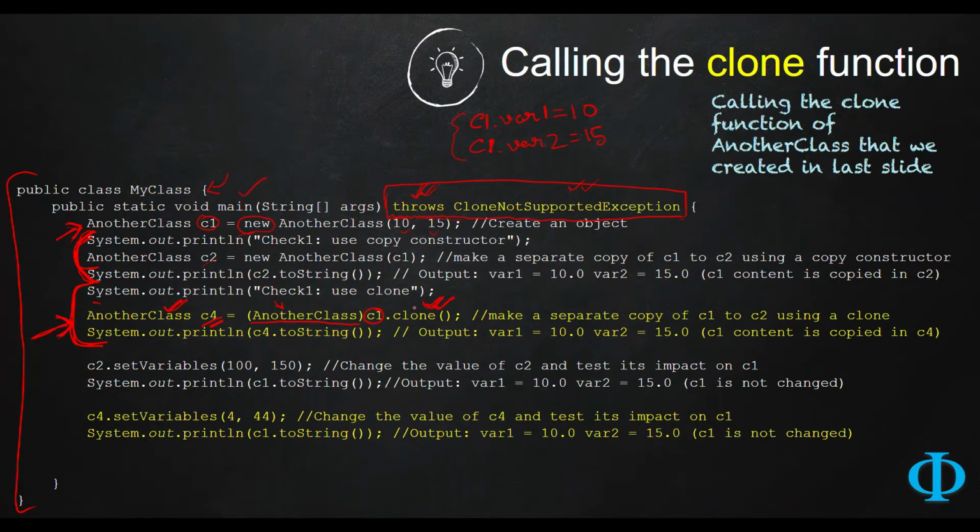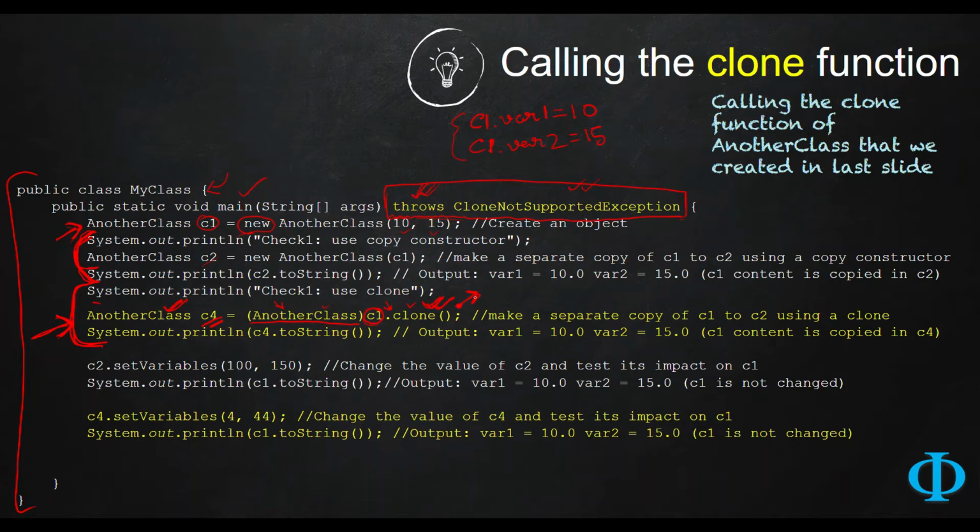So clone function is overridden inside this another class, and so I have just typecasted C1 to another class. It is a good practice when you call the clone method, and then just use this dot operator followed by this clone, and that's it. And it will automatically call the clone function that you have defined earlier in another class in the previous slide.